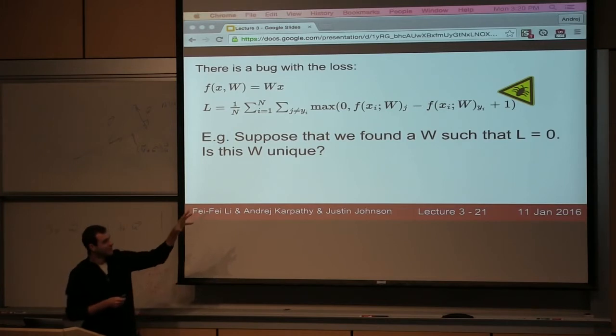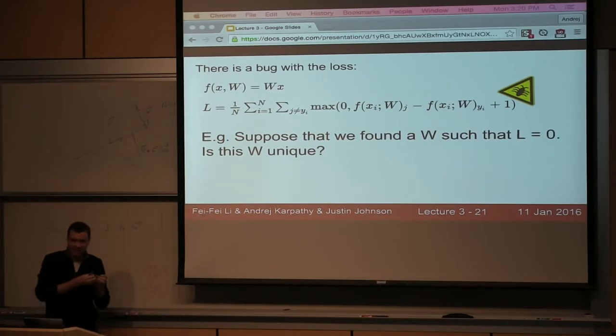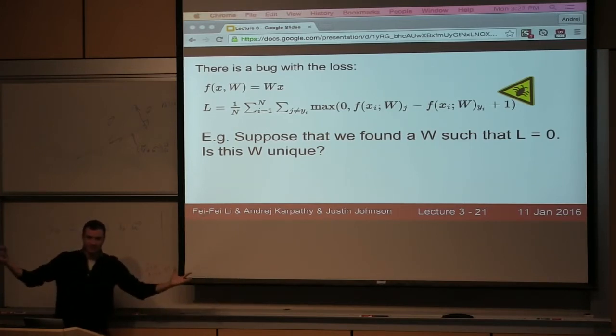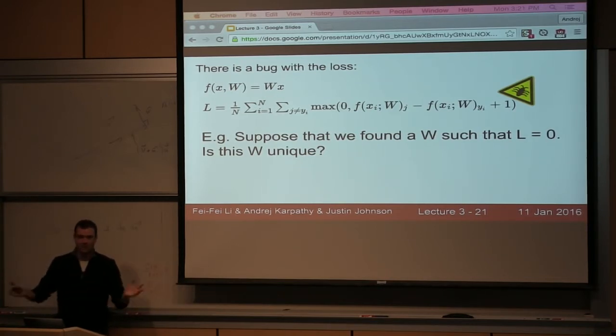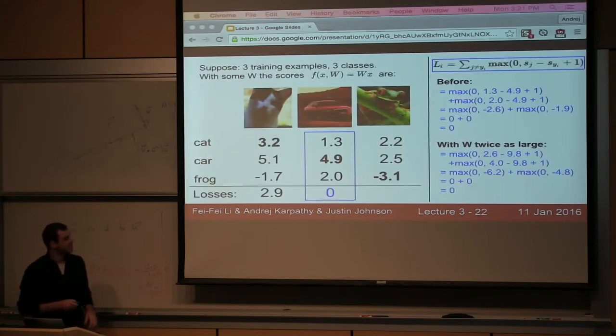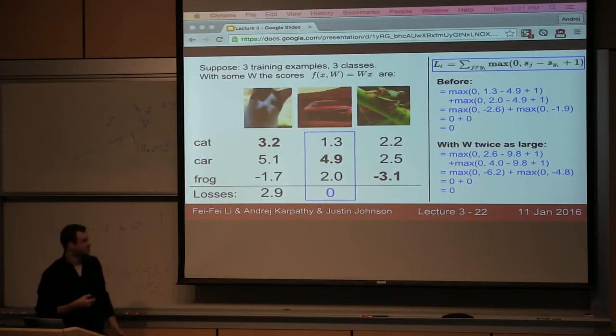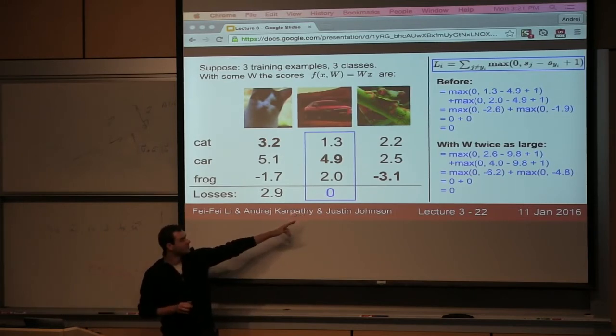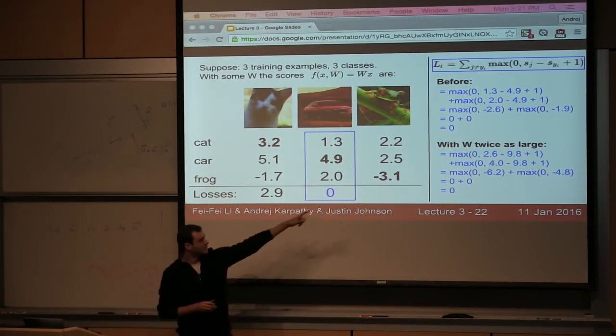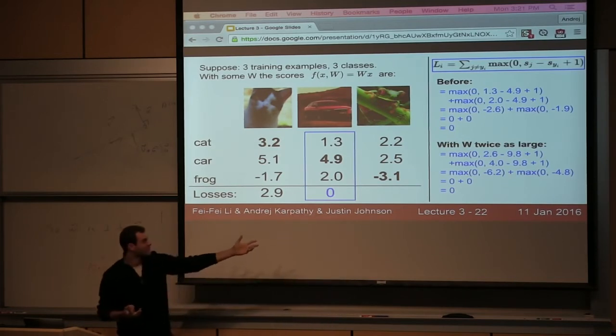So basically, that's not a very desirable property because we have this entire subspace of W that is optimal, and all of them are, according to this loss function, completely the same, but intuitively, that's not a very nice property to have. And just to see this numerically, to convince yourself that this is the case, I've taken this example where we previously achieved 0 loss. And now suppose I multiply my W by 2.